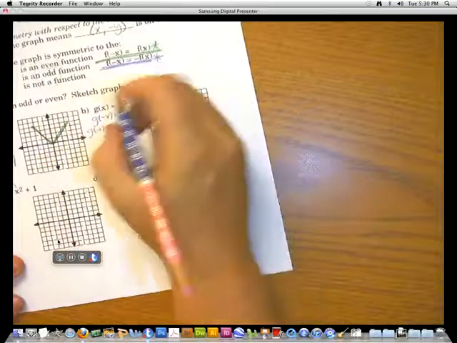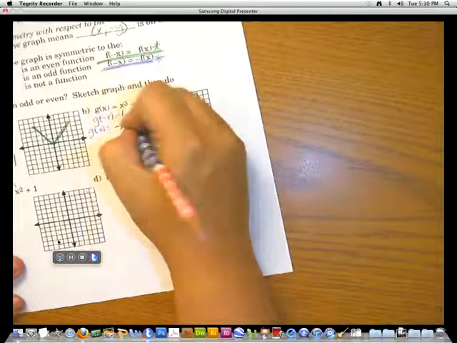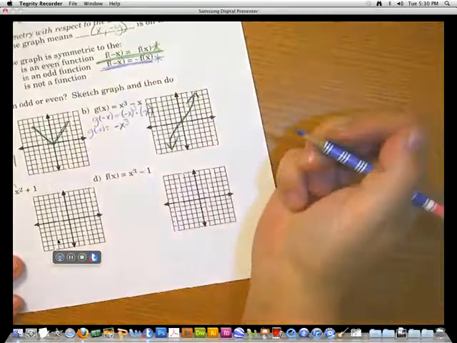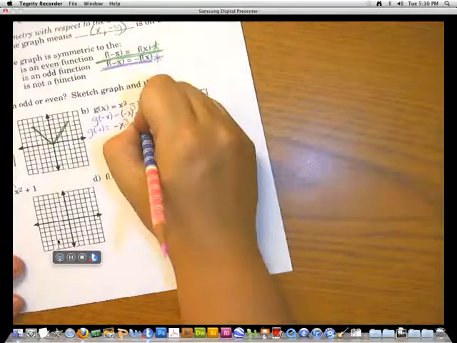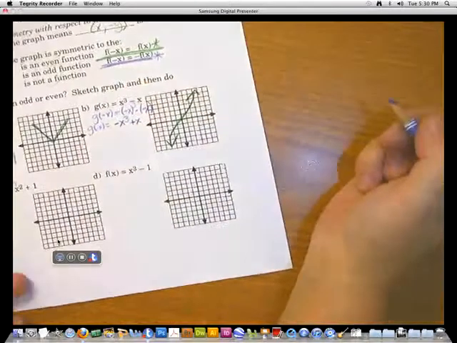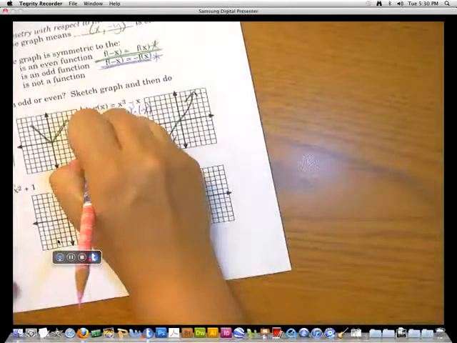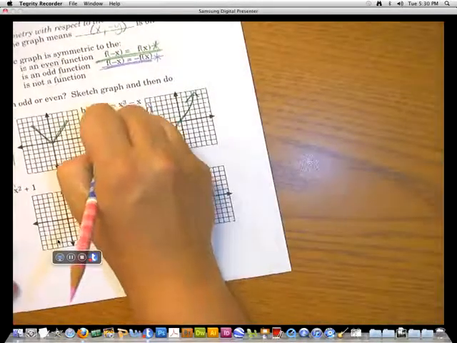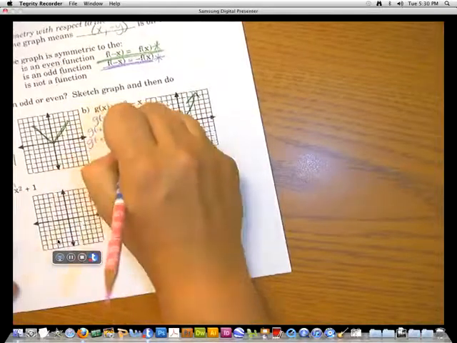Well, a negative x cubed is still negative x cubed. And now I have negative negative, which is plus x. So now I'm going to take that negative out, and so I get negative of x cubed minus x.